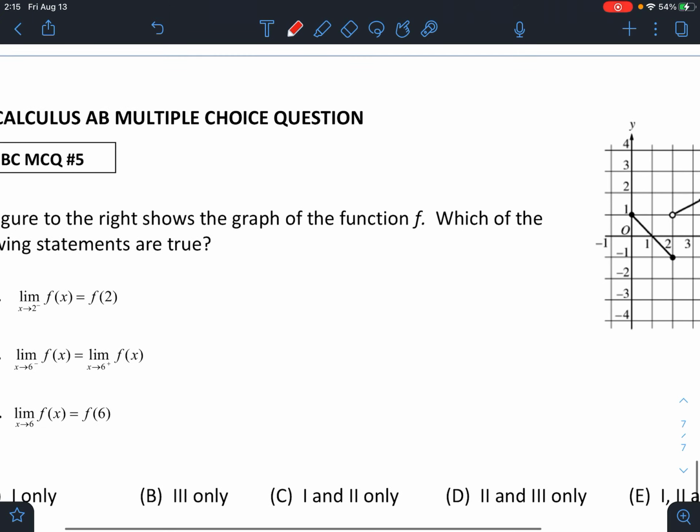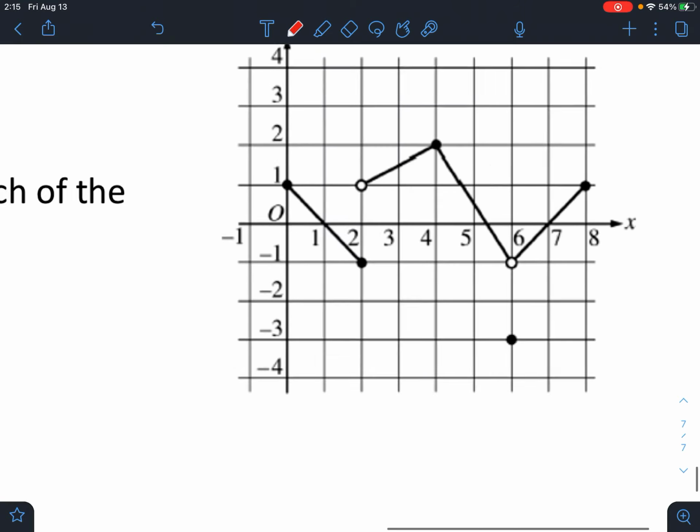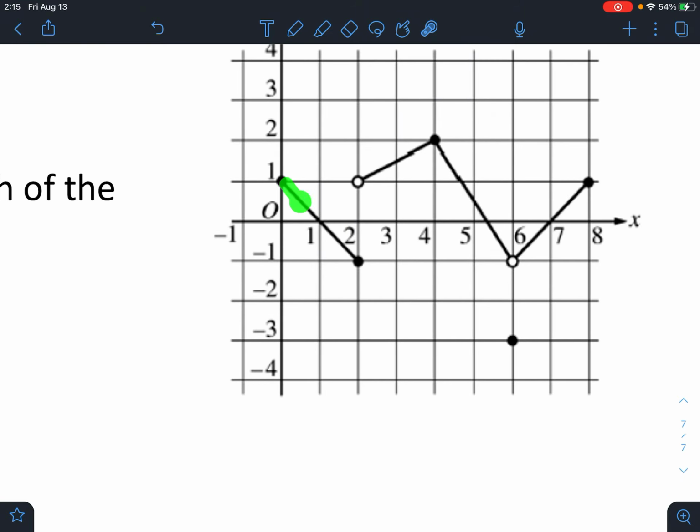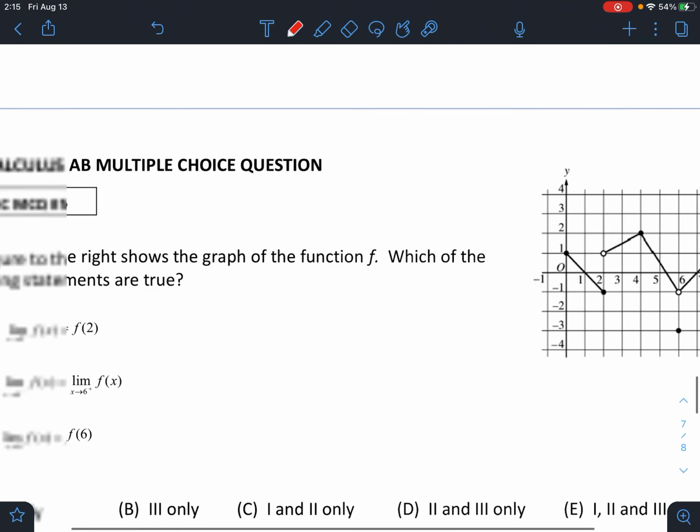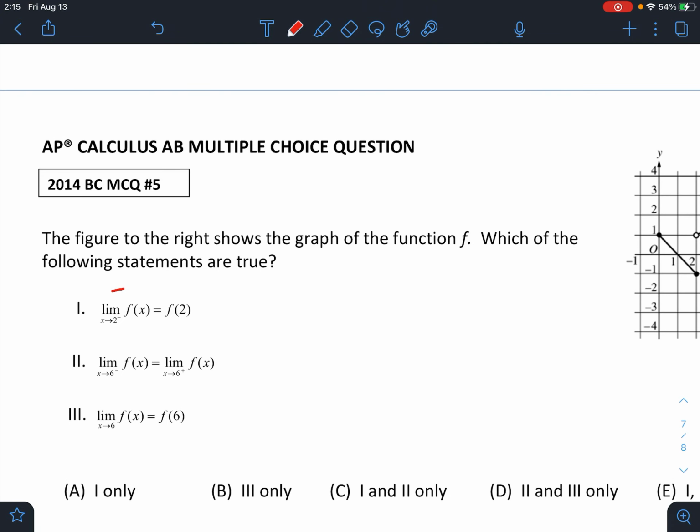So let's take a look at that. The limit as x approaches 2 from the left, that would be negative 1. The y value at 2 would also be negative 1. So does negative 1 equal negative 1? It sure does. So 1 is definitely true.